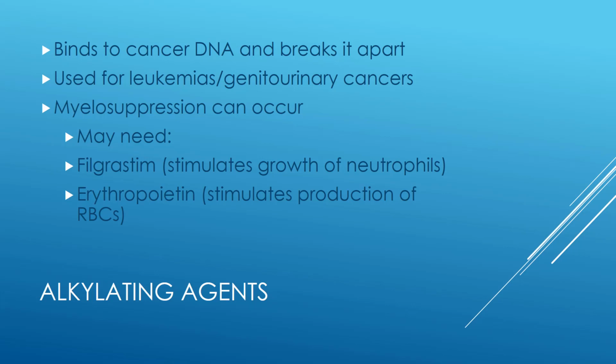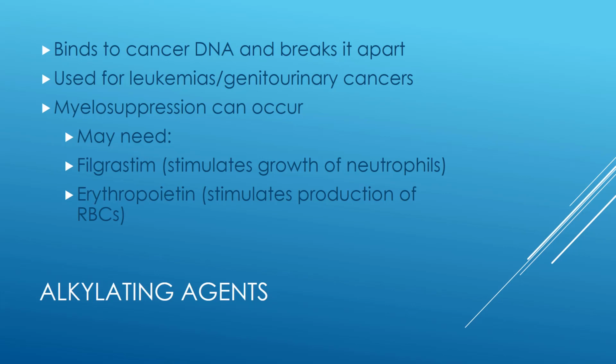It is used in the treatment of blood cancers like leukemia, as well as genitourinary cancers. Myelosuppression is common, and nadir can occur 9 to 14 days after the treatment. If red blood cells and white blood cells drop to dangerously low levels, treatment will be withheld.